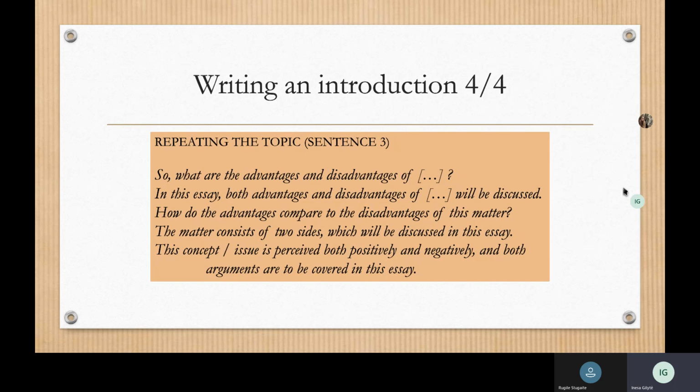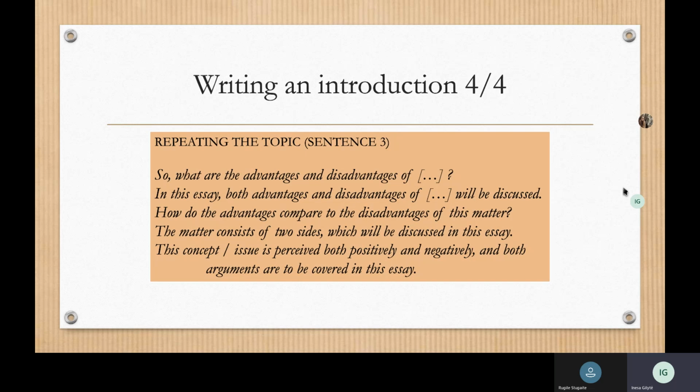So, as other examples show, you can pose a question. You can ask, how do the advantages compare to the disadvantages of this matter? Or you can indicate that in this essay, this concept, which is this and that, will be discussed.